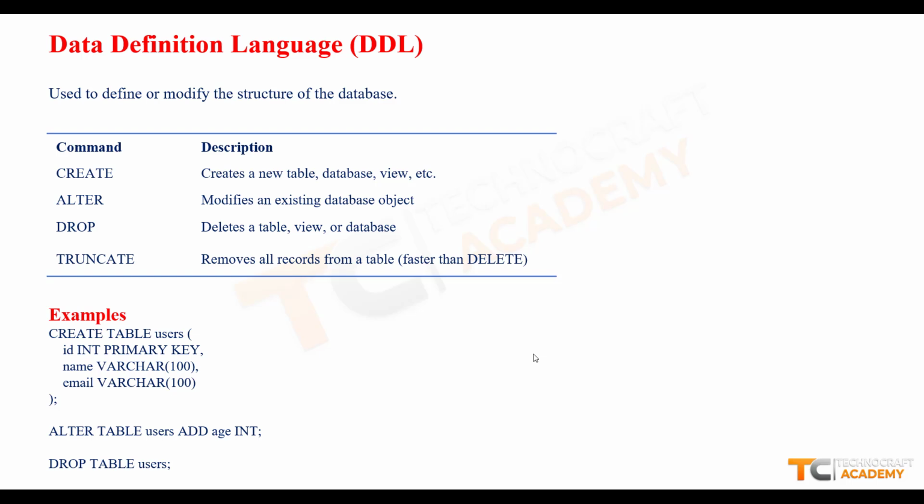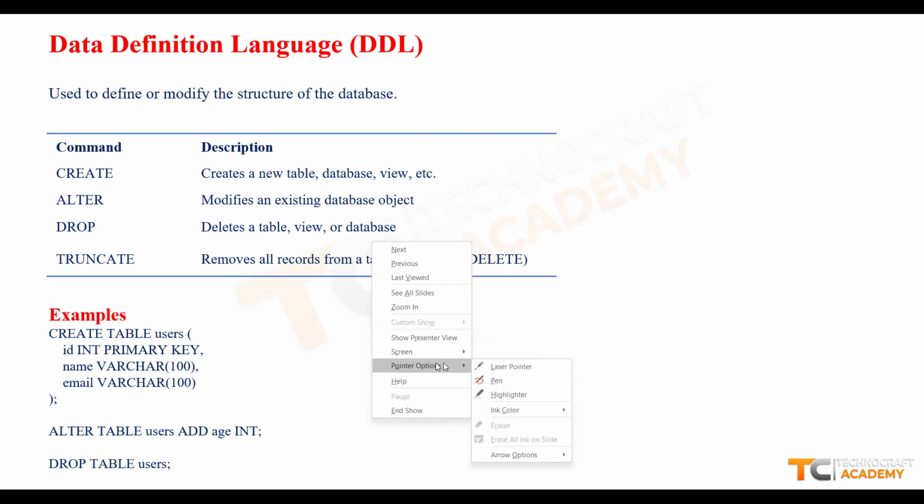We are going to create a new table which defines the structure of the database, so we call these DDL commands. We have different DDL commands here, like create, alter, drop, and truncate. Create is used for creating a new table in the database. It might be the creation of a table, database, view, or procedure, anything.